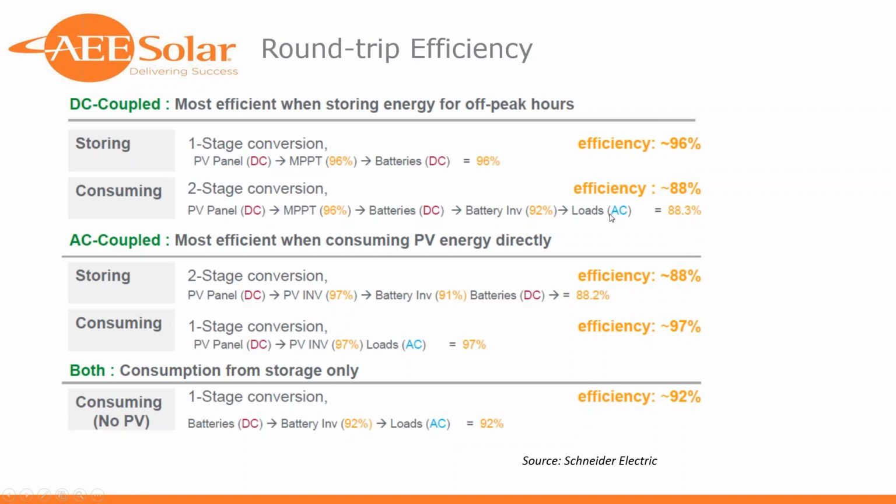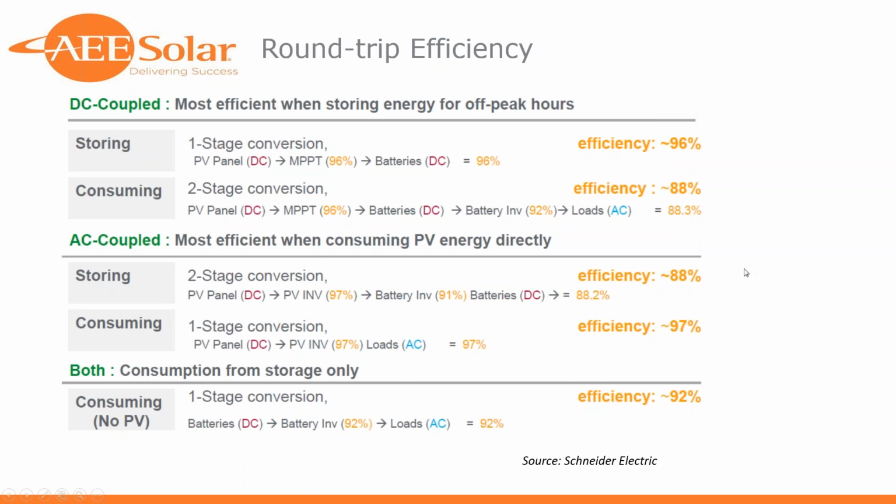So the limiting factor here is A, you've got two stages of conversion, and B, your battery inverter is going to be a lot less efficient at inverting from DC than a PV inverter would be. So math being what it is, two stages, a battery inverter that's much less efficient than an MPPT charge controller, we've got a round trip efficiency of, call it 88%. So you see here 96% versus 88%, much more efficient when storing for later usage.